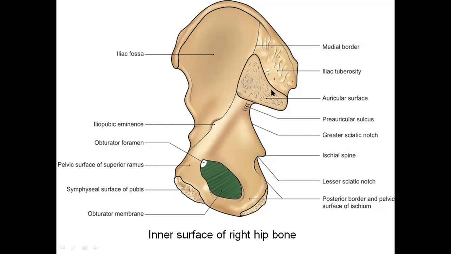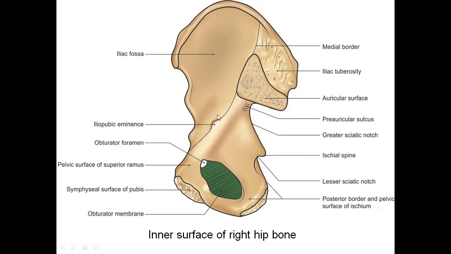These are the areas where the sacrum bone comes and articulates to form the sacroiliac joint, to form the pelvic cavity. Right in front of the greater sciatic notch there is one sulcus called the preauricular sulcus.